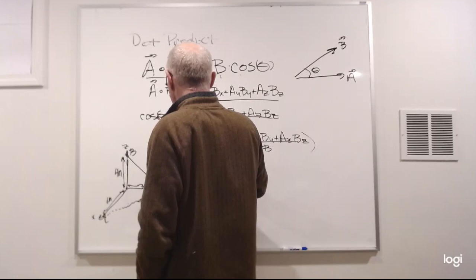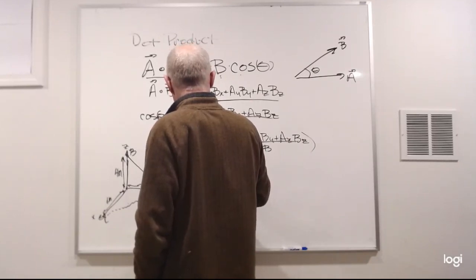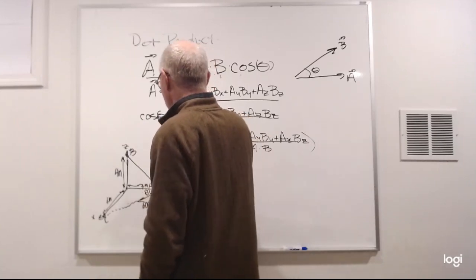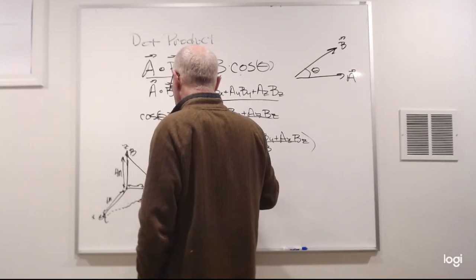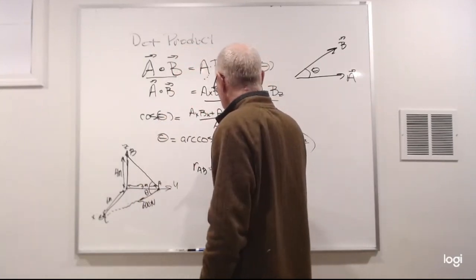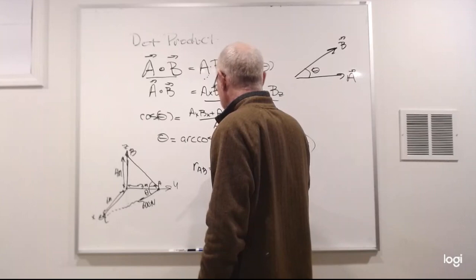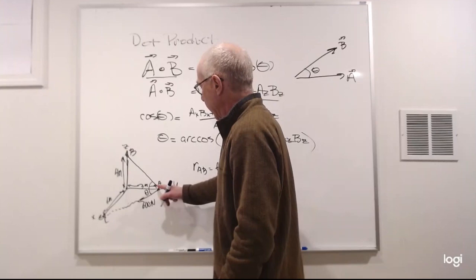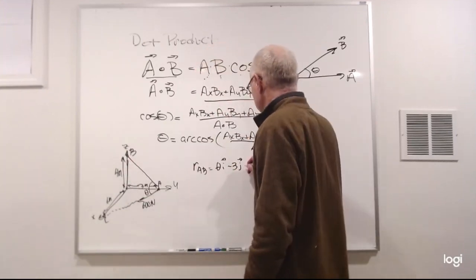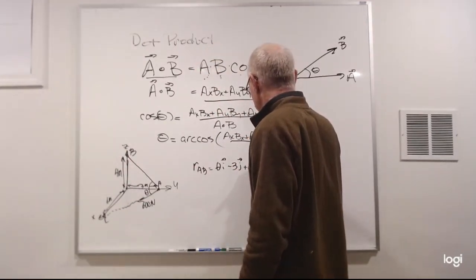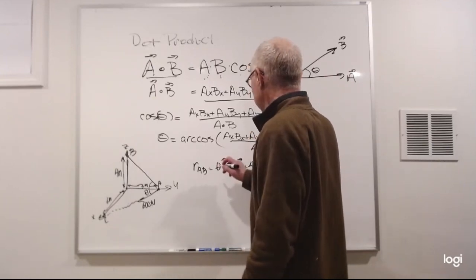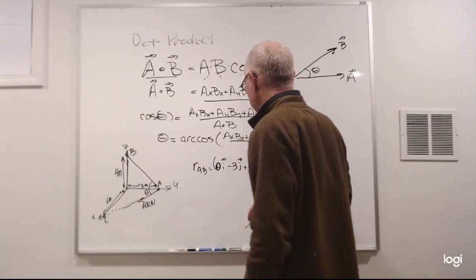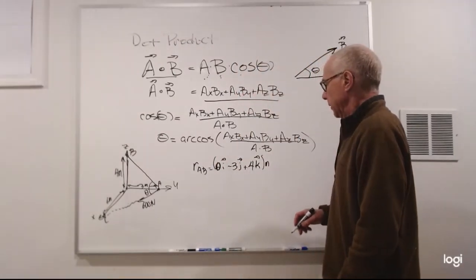So we have R AB equals 0 times I, I'll write it out, -3 times J, because it's going 3 in that direction, then 4 in the K direction. This is all in meters. Okay, that's RAB.